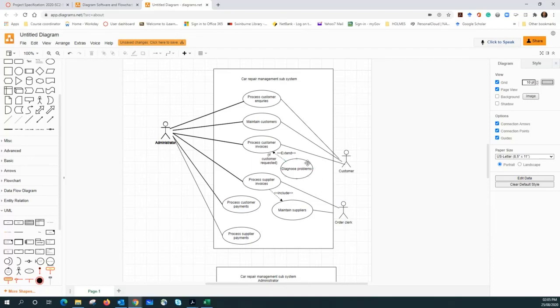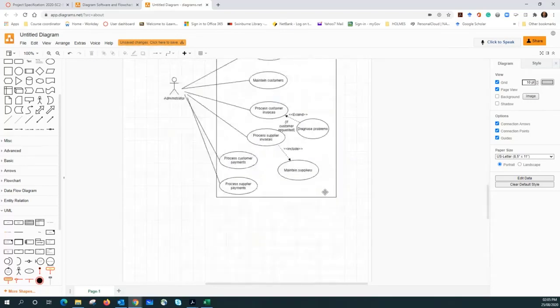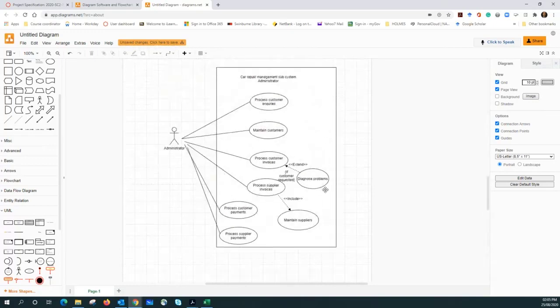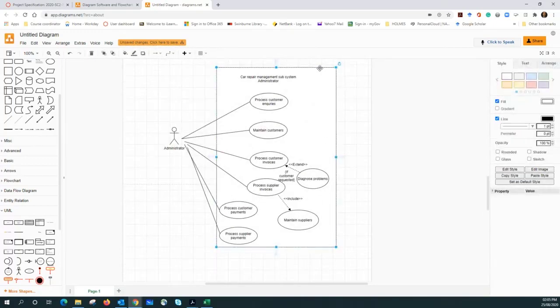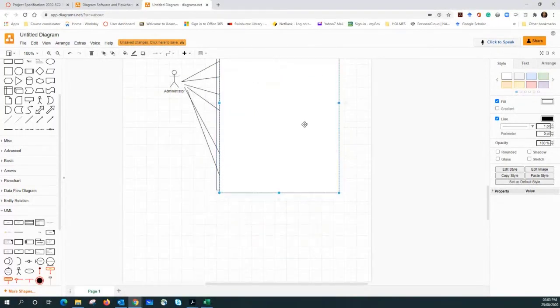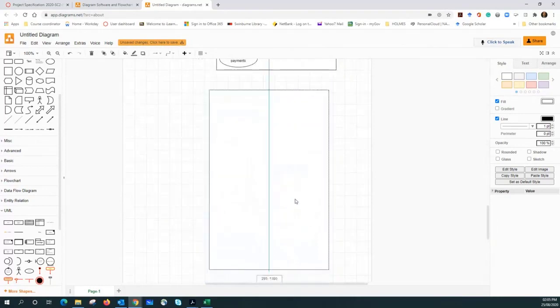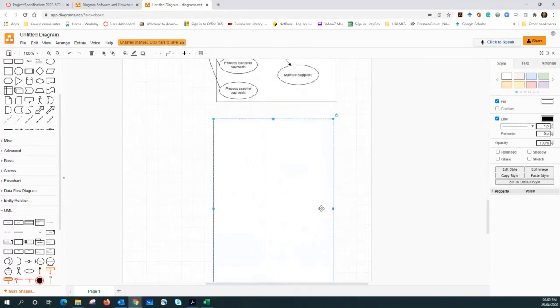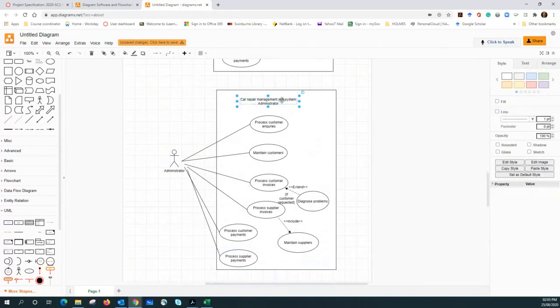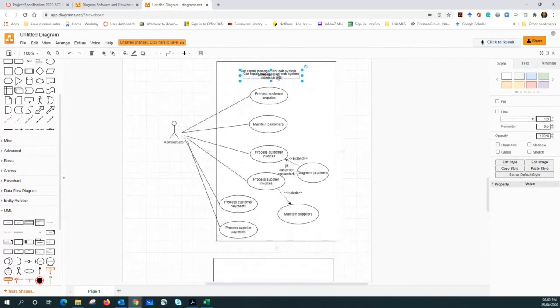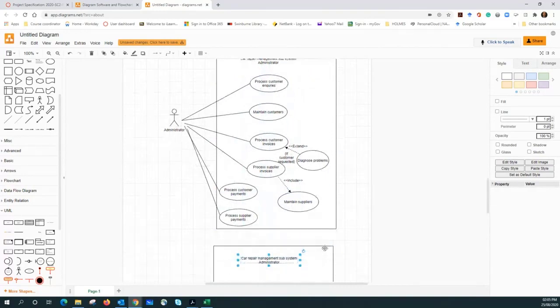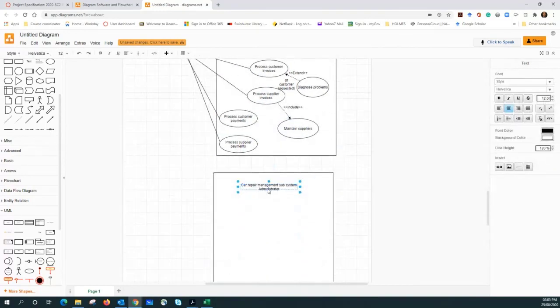Okay, so all right. Let's do the customer. It's not that difficult. So the same thing. Copy, duplicate. So this is the customer perspective, right? So I can copy this, take here, and then change administrator to customer.